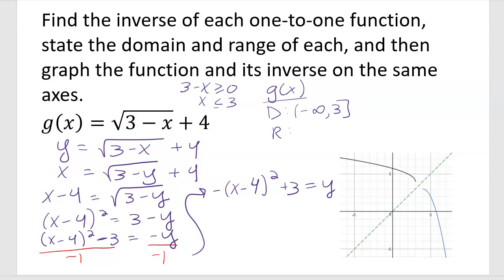And then if you wanted to rearrange that and put the 3 in the front, you could. So you could say 3 minus x minus 4 squared, but it really doesn't matter if you do that. And then lastly, let's just put that function notation in there. So this will be g inverse of x. Okay, so here is my inverse function.